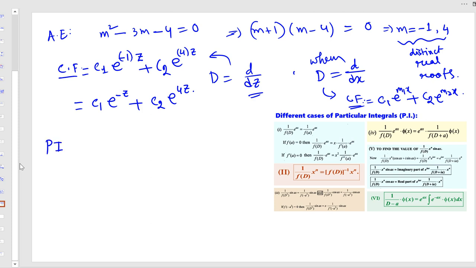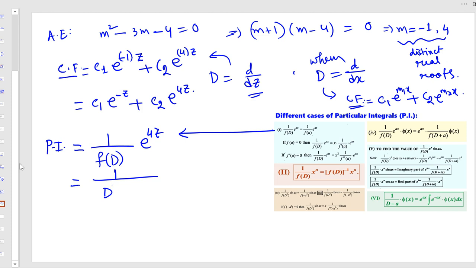Now we want to find out the PI. So PI will be 1 upon f(D) e to the power, sorry, the right hand side is e to the power 4z. Now this is for the first formula. 1 upon D squared minus 3D minus 4 into e to the power 4z.